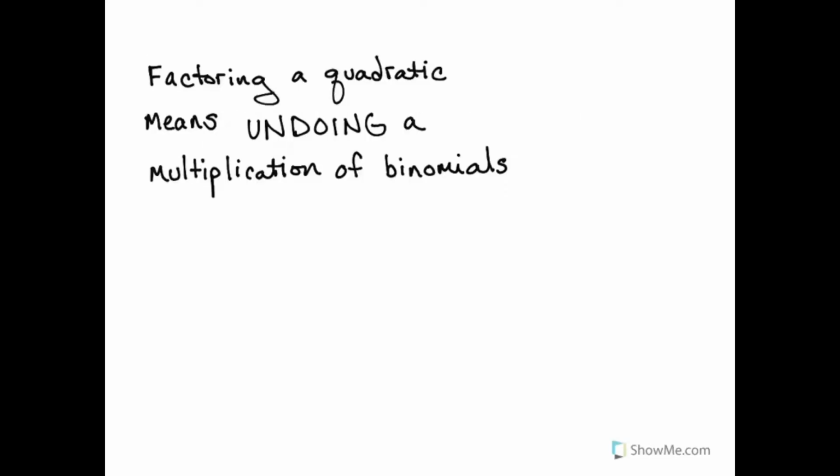Factoring a quadratic means undoing a multiplication of binomials. So let's go through a multiplication and watch what happens. I'm especially interested in where these constant terms affect the final product. So x times x is x squared, and then I'm going to multiply x times negative 5.